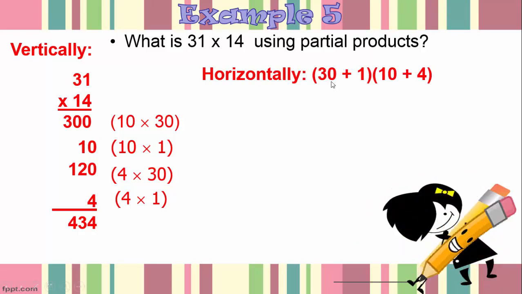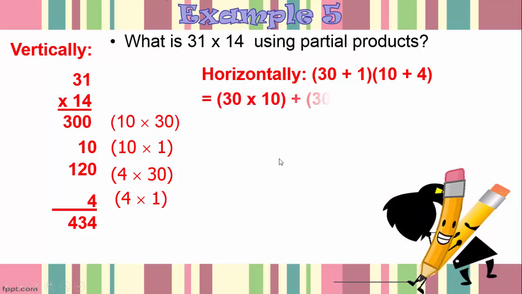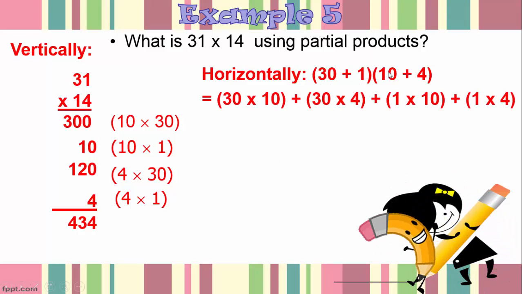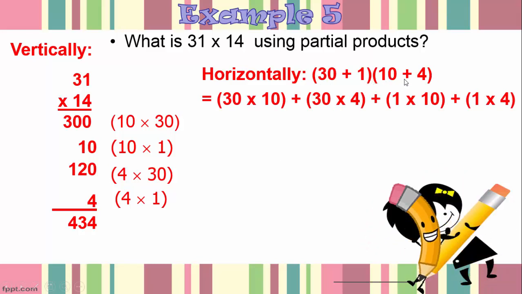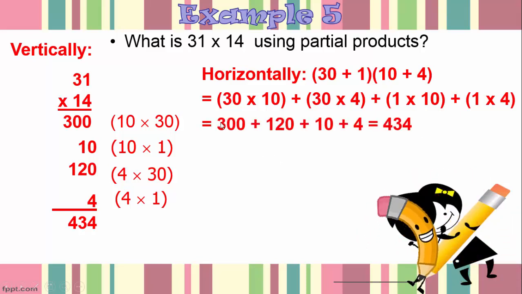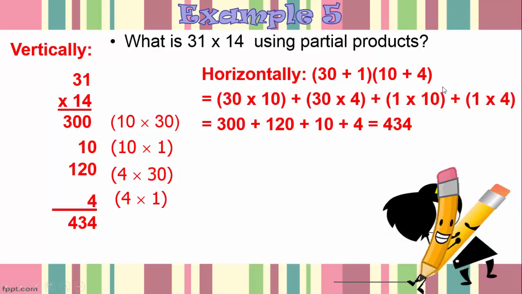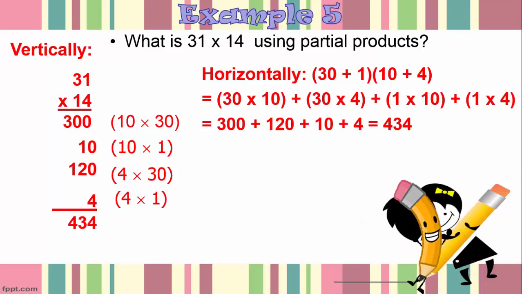Horizontally, 30 plus 1 from 31, 10 plus 4 from 14, 30 times 10, 30 times 4, 1 times 10, 1 times 4. 30 times 10 is 300, 30 times 4 is 120, 1 times 10 is 10, 1 times 4 is 4, and again I get 434.